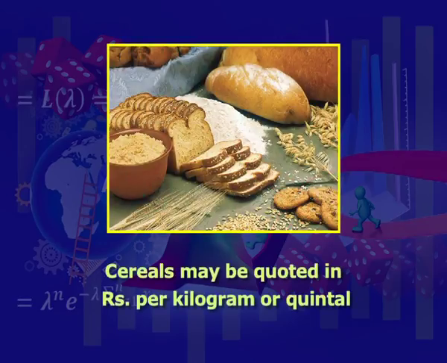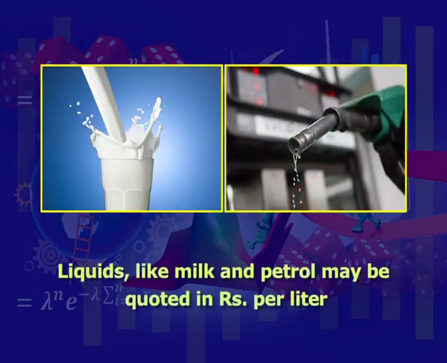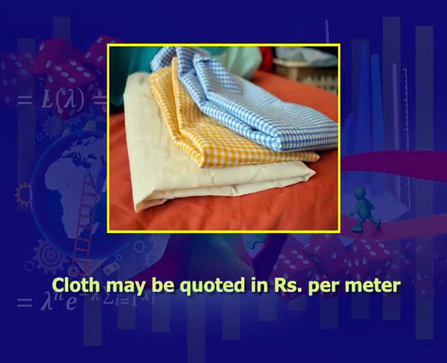Cereals may be quoted in rupees per kilogram or quintal. Liquids like milk and petrol may be quoted in rupees per liter. Cloth may be quoted in rupees per meter and so on.